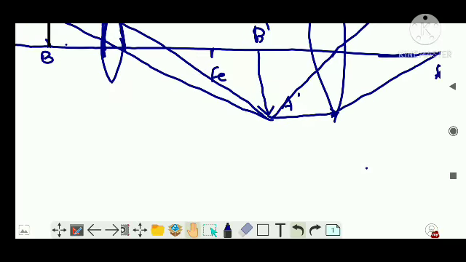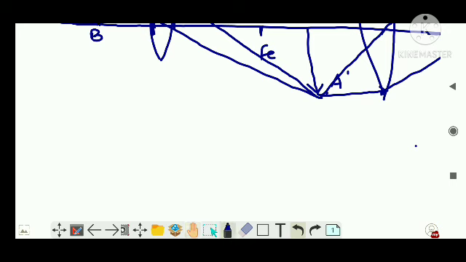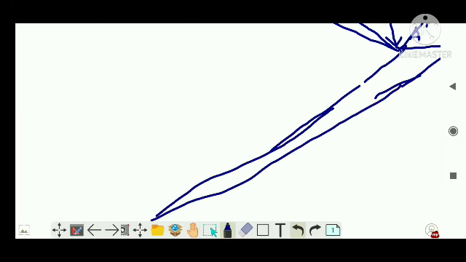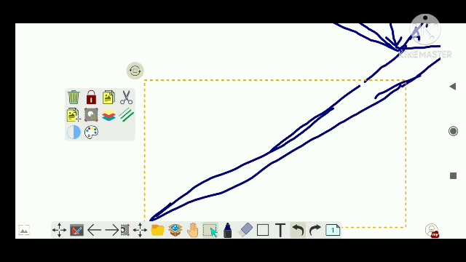You will feel the image, let's say I am extending it. This will be large. It won't be cancelled. This is where the image will be.